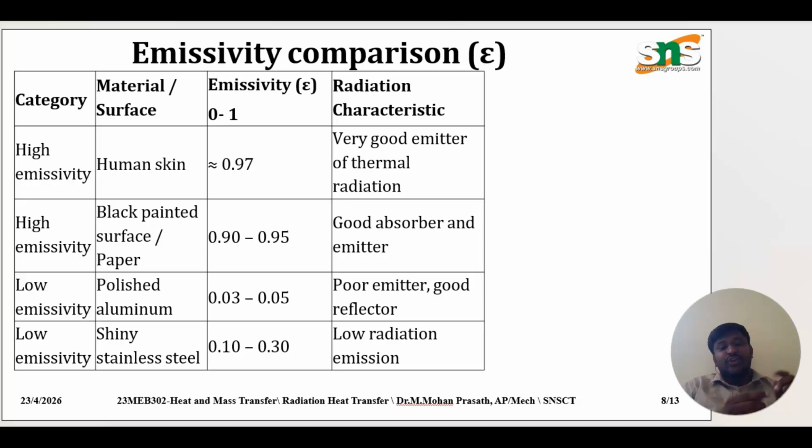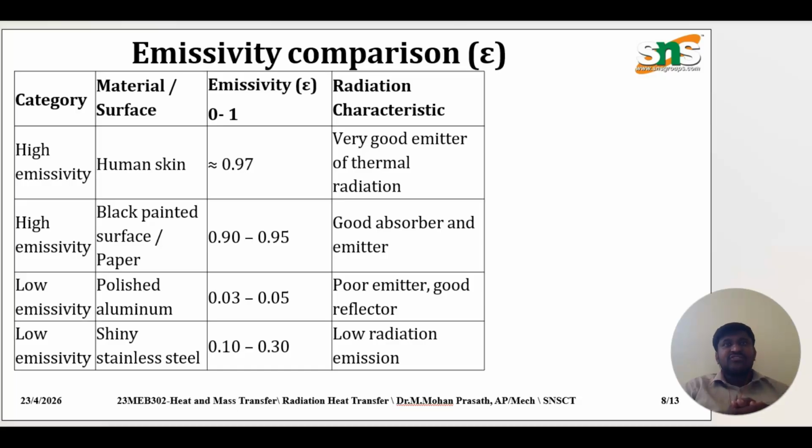First, consider human skin. Human skin is the best example of high emissivity. The emissivity value for human skin is 0.97. It is a very good emitter of thermal radiation. Next, black painted surface. A black painted surface possesses high emissivity, with a value of 0.90 to 0.95, and is a good absorber and emitter.